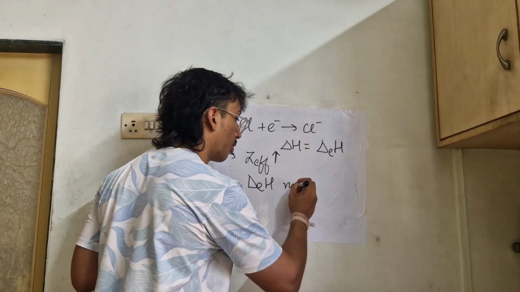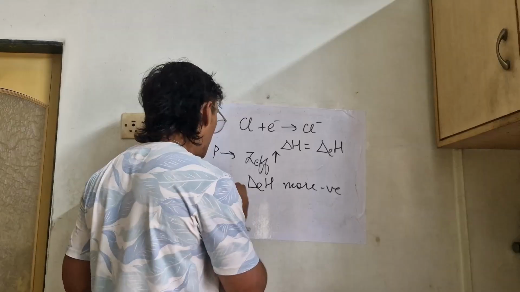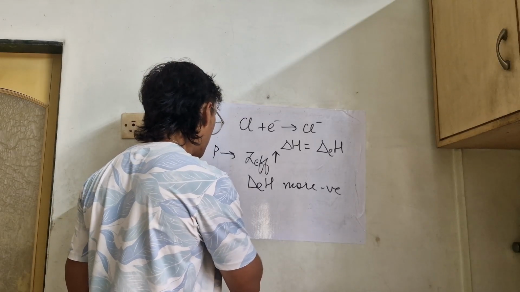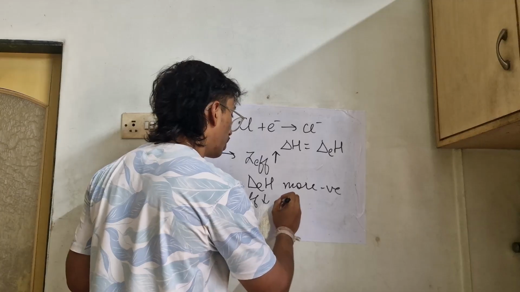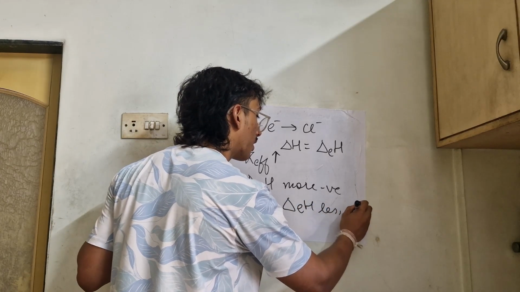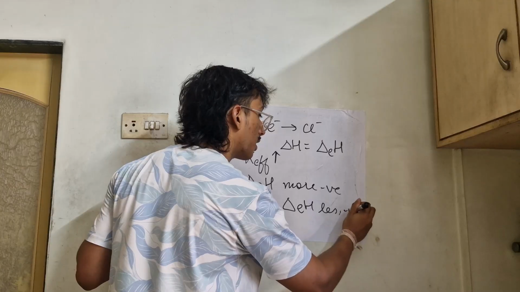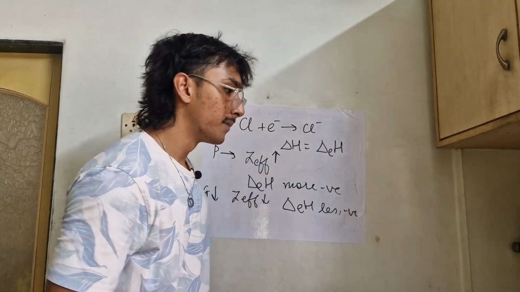So this becomes more negative across a period. Down the group, what happens? This decreases. So your electron gain enthalpy becomes less negative. That's our idea over here.